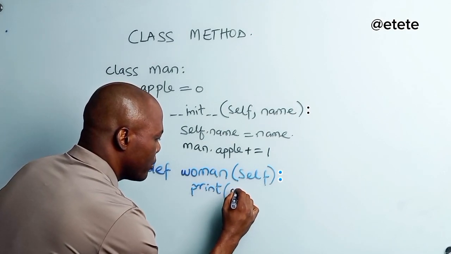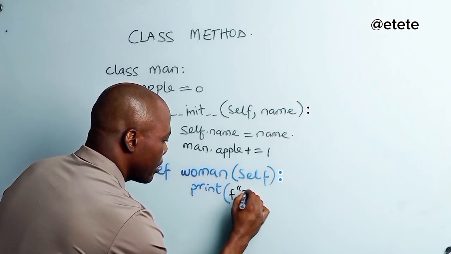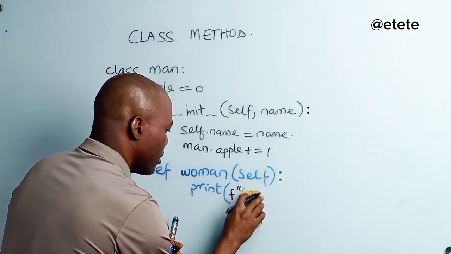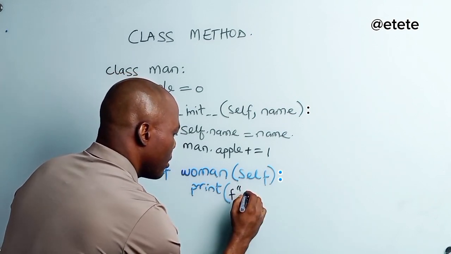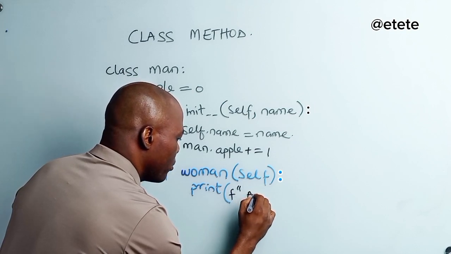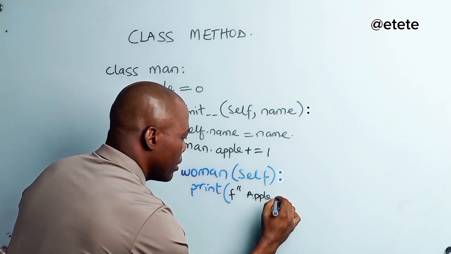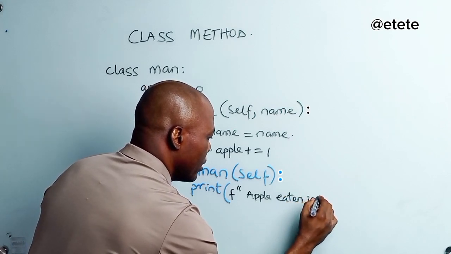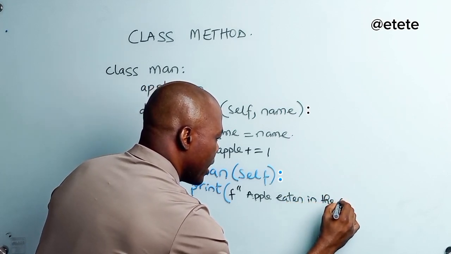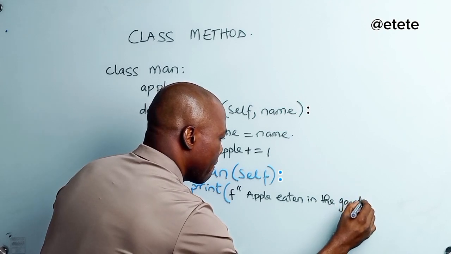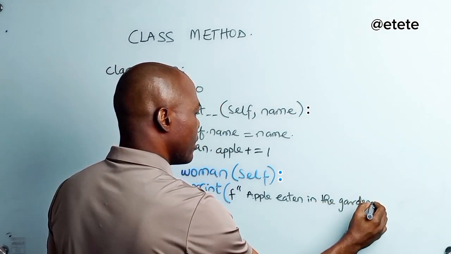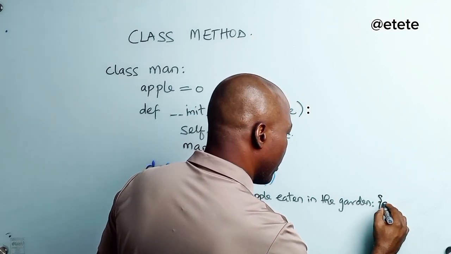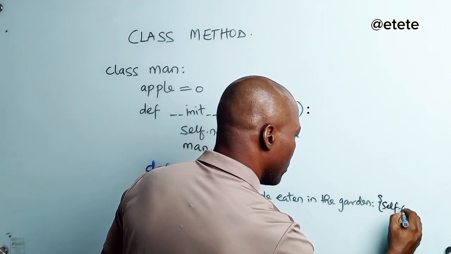We'll call a format string, and then we'll say apple eaten in the garden, and you now say self.apple.